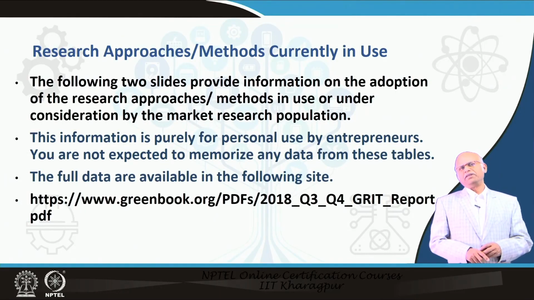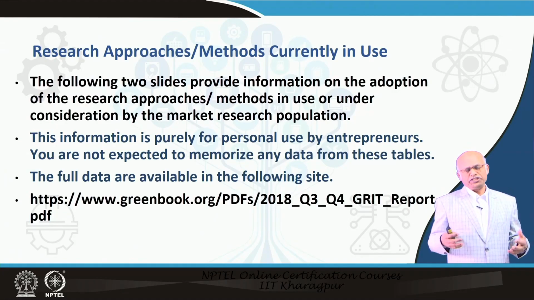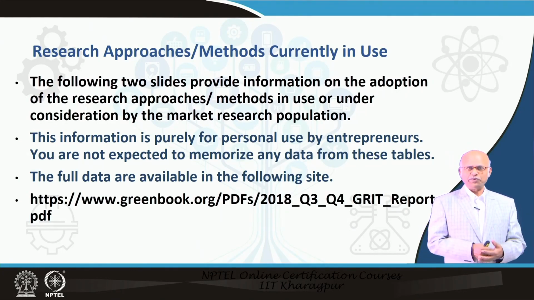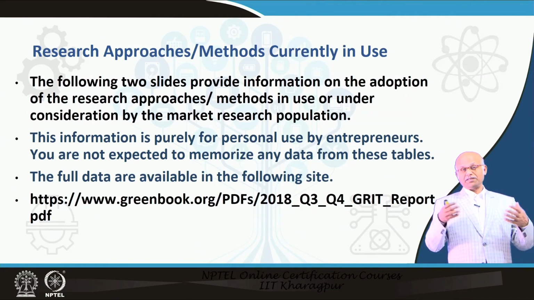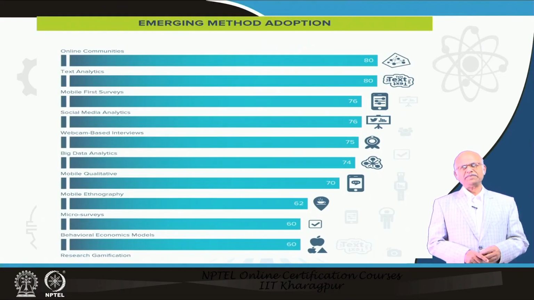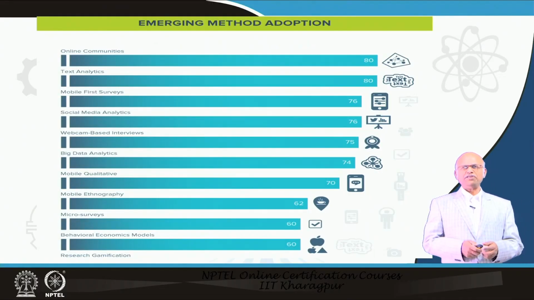There are several research approaches that we are going to discuss. There are systematic, well laid down processes. The following slides will actually talk about all of that. Now, this is not really for consumption.